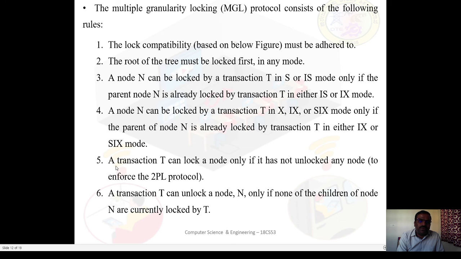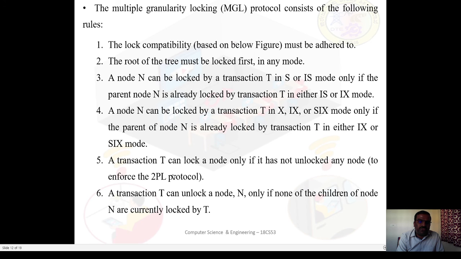And the fifth rule of multiple granularity locking is a transaction T can lock a node only if it has not unlocked any node. A transaction T can lock a node only if it has not unlocked any node.